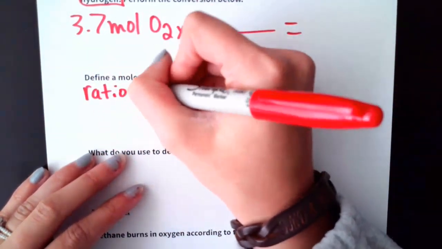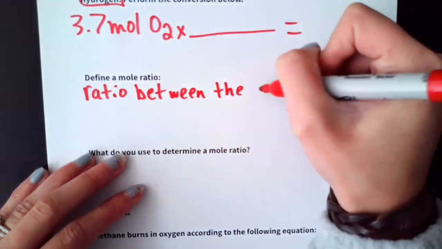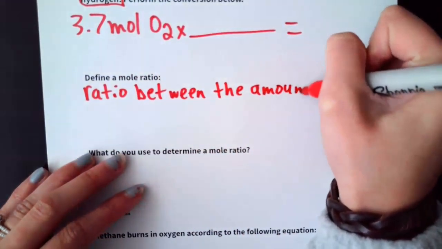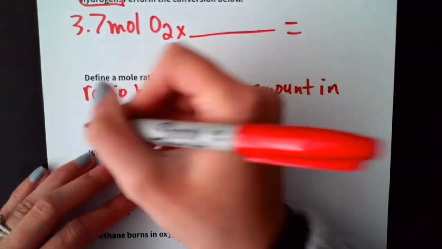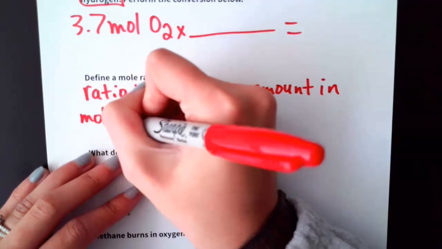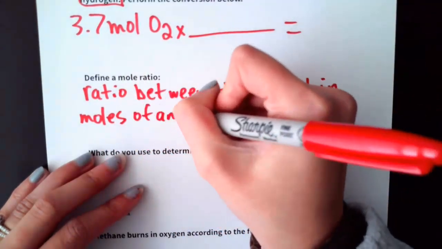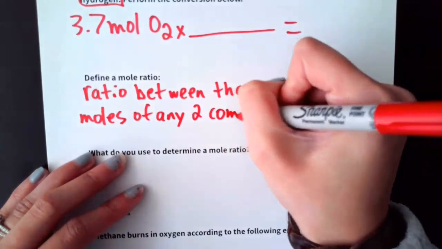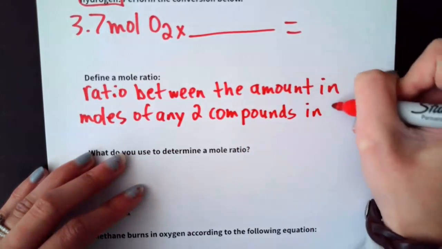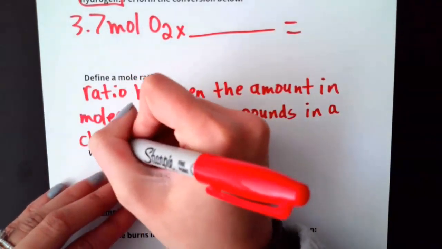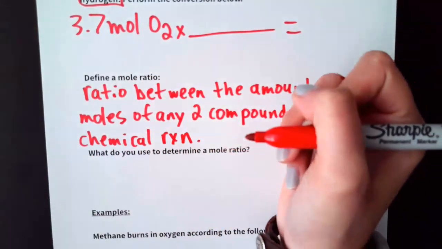So a mole ratio is the ratio between the amount in moles of any two compounds in a chemical reaction.